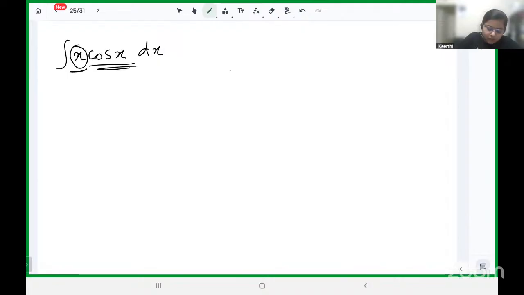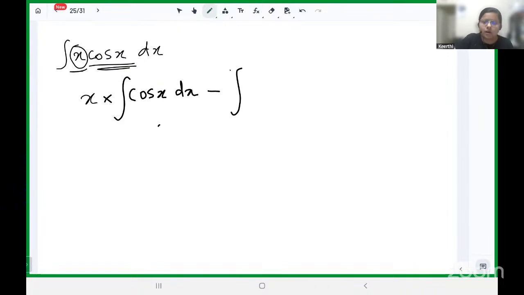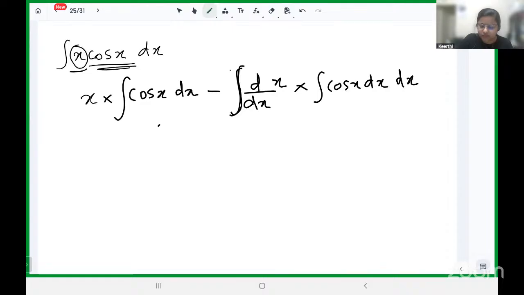First function into the integral of the second function, here it is cos x, integral cos x dx, minus the integral of the derivative of the first function, which means d by dx of x, into the integral of the second function, and one more dx for this big integral. Okay, so this is it.